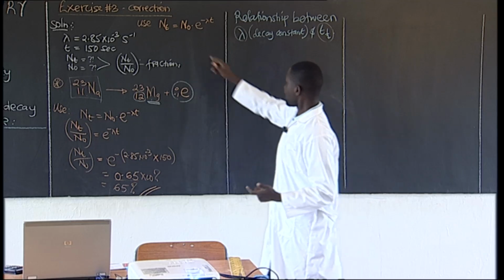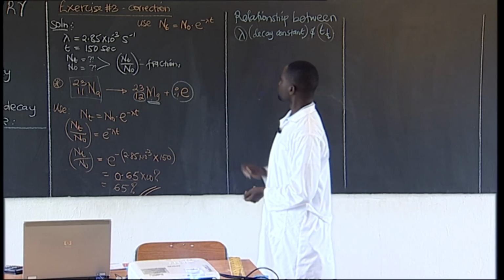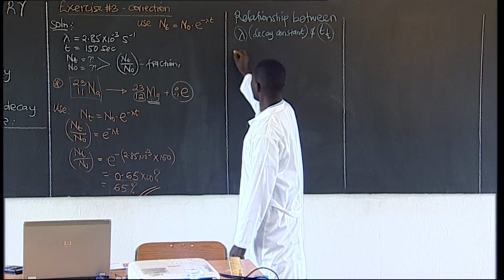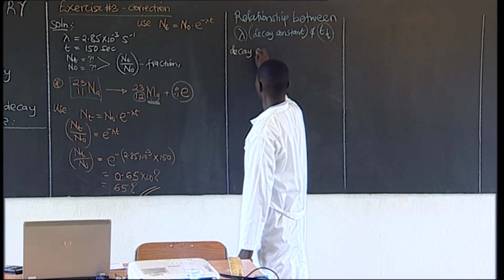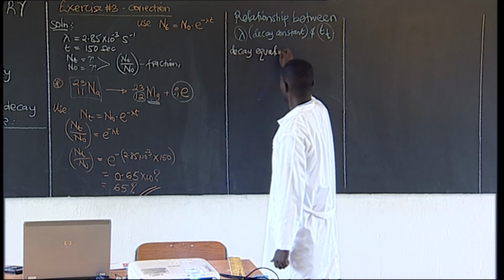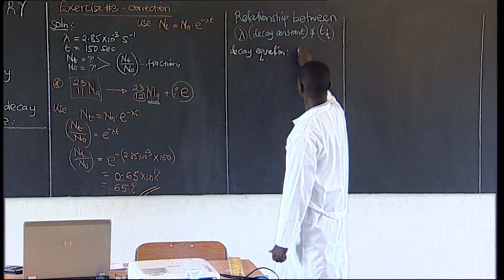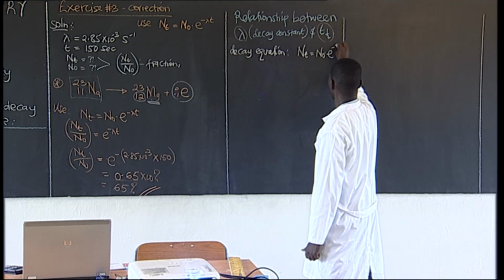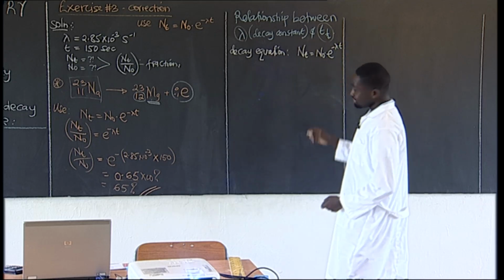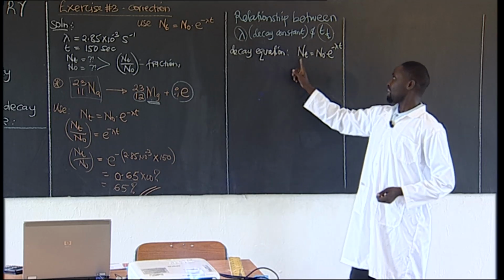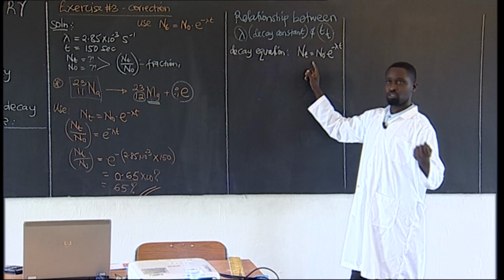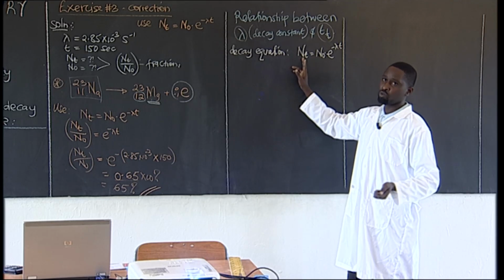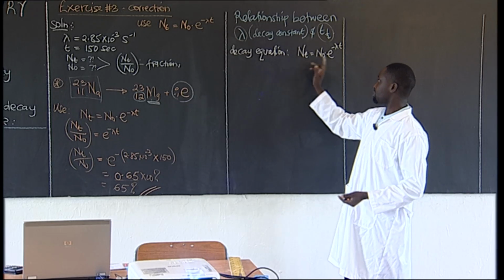So remember our equation. We're actually going to use the decay equation, which is Nt equals N naught exponent negative lambda t. Again, this N you can use A, you can use M, but you have to define what they are.